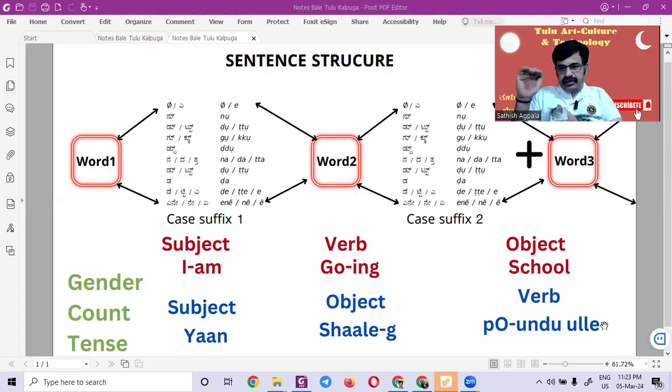This is the present tense. Past tense, ಕೆರ್ದಿತ್ತೆ, ಕೆರೊಂದಿತ್ತೆ, past continuous, ಕೆರ್ಪೆ, ಕೆರೊಂದಿಪ್ಪೆ. So this is the example.